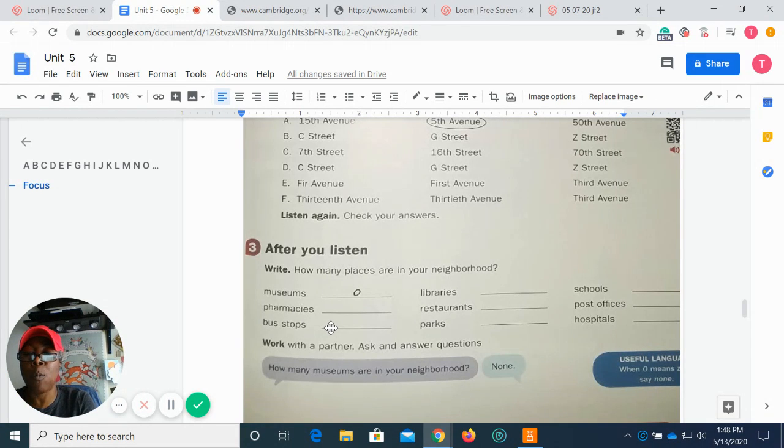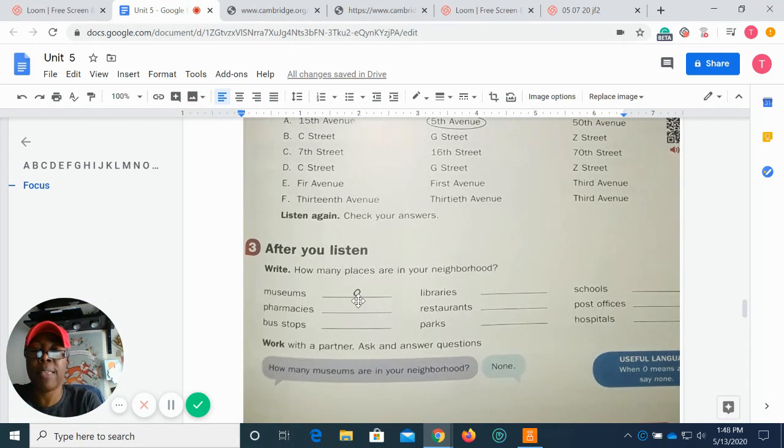So first, I want you to repeat after me the names of different places that can be in your neighborhood. I want you to just repeat after me, and then we will go from there. So first, museums. Repeat after me. Museums.